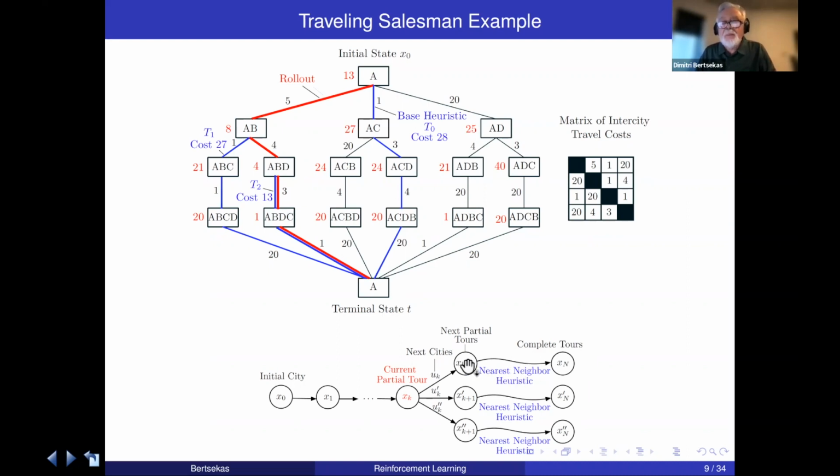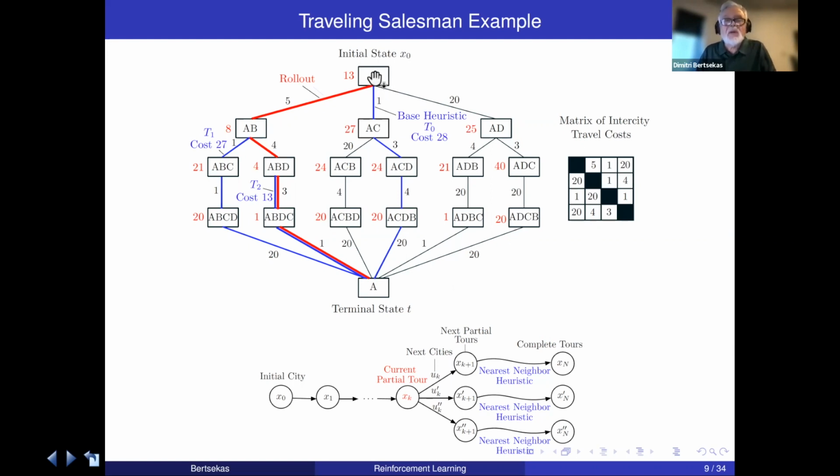Basically, it goes from a given partial tour, from the end city of the partial tour, to the nearest neighbor that's eligible to be included in the next tour. So, for example, at this partial tour here, we consider the 2 possibilities, and we take the possibility of the smallest cost, like this one. So this is some kind of a greedy heuristic, and let's see how it works, starting from the initial state.